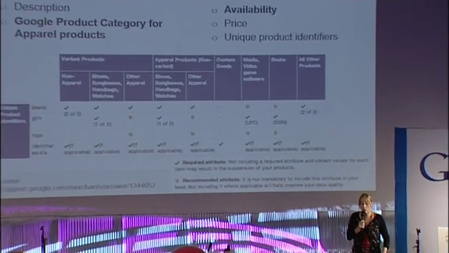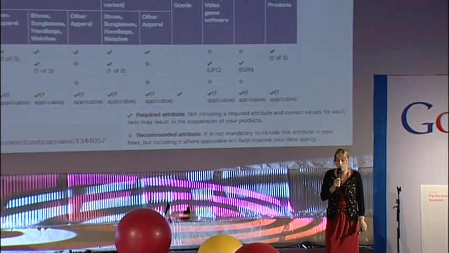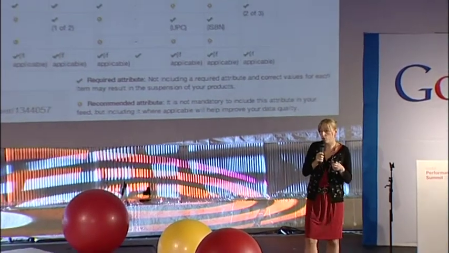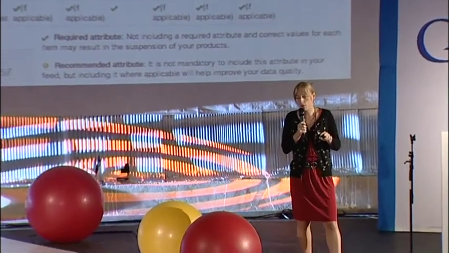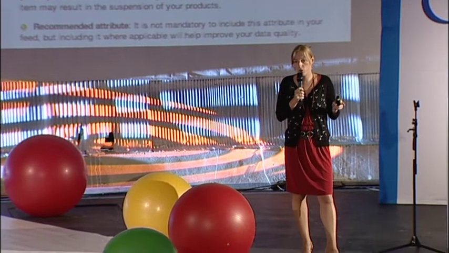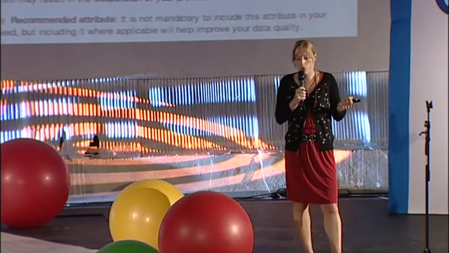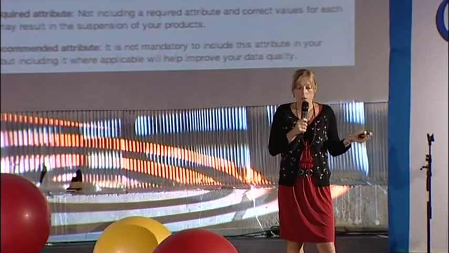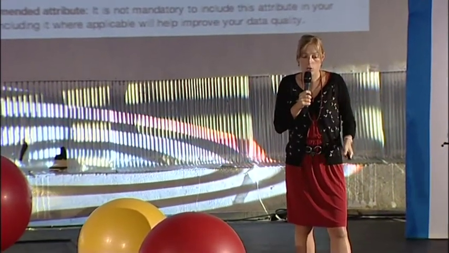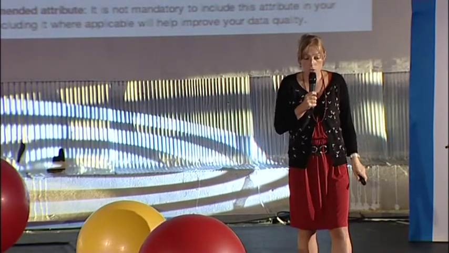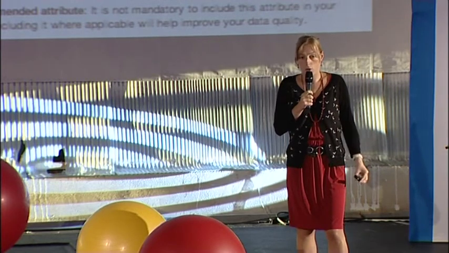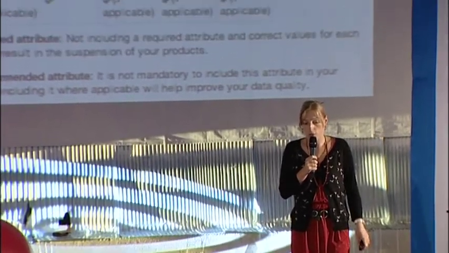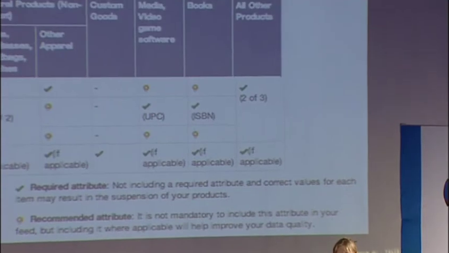So this is a list of attributes that are required, and I put in bold the 2 attributes that used to be optional when we were on a free model, but are now required. So Google product category for the apparel products is now required, as well as the availability.